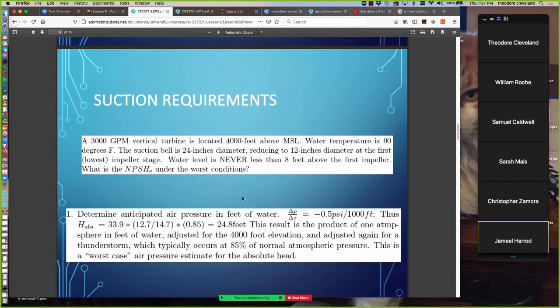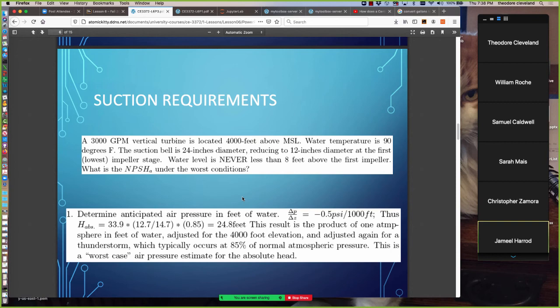So in terms of a step-by-step calculation, first thing we would do is determine the anticipated air pressure in feet of water. And we can apply the equation that the change in pressure with elevation is minus 1/2 pound per square inch per 1,000 foot of elevation change.